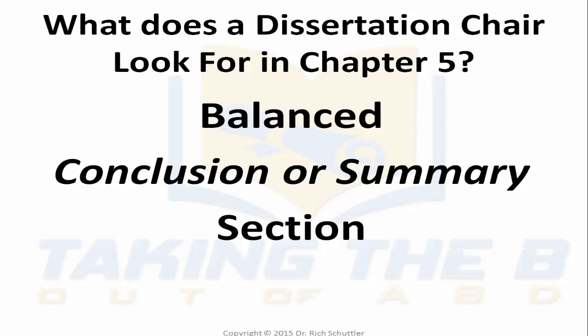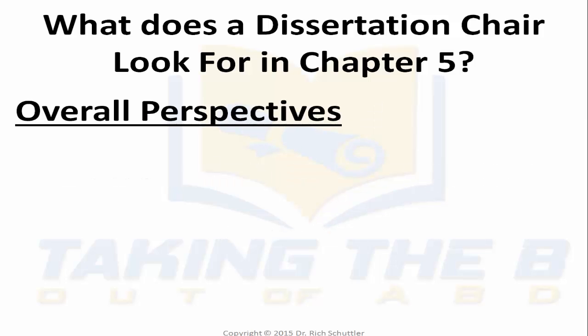That your conclusion ended on a high note and it closed the loop. It helped somebody to learn what was the one thing that your study found that was not expected, that finding that's critical. Now I'm going to share a couple other overall perspectives that a dissertation chair looks for in Chapter 5.